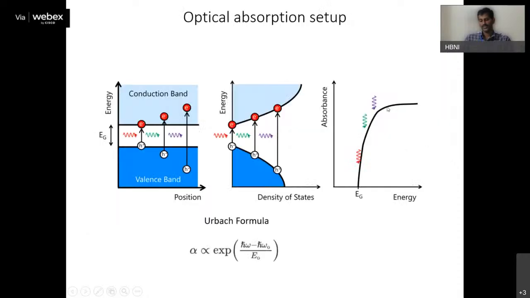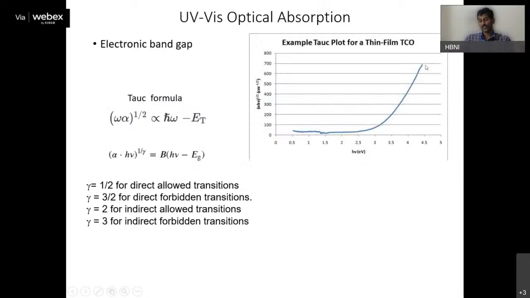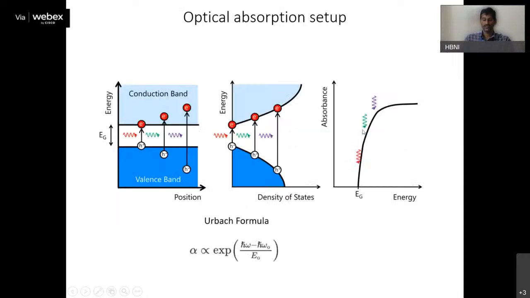But sometimes this curve is not a straight line, you get a tailing. The origin of this tailing is basically that there will be impurity states close to the band gap, or you can say that the electron density of states is not a step function, it is slowly varying. Because you are measuring this excitation, if it is smooth, then you get a smooth function.